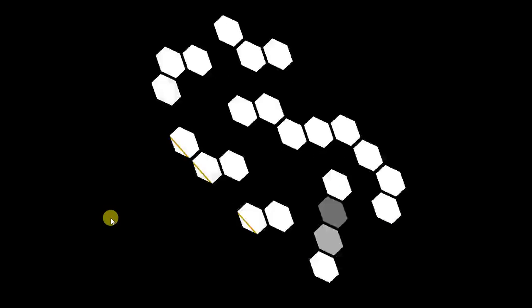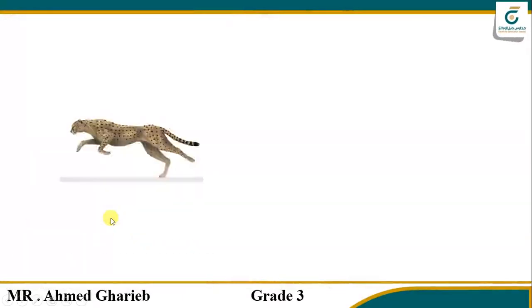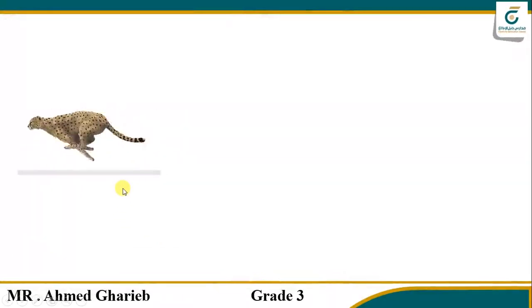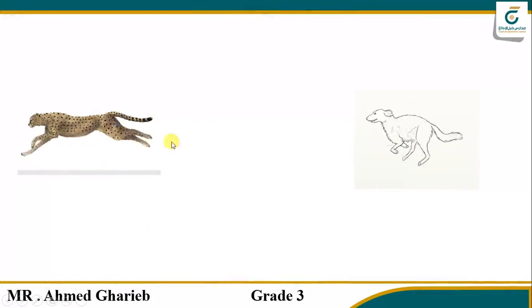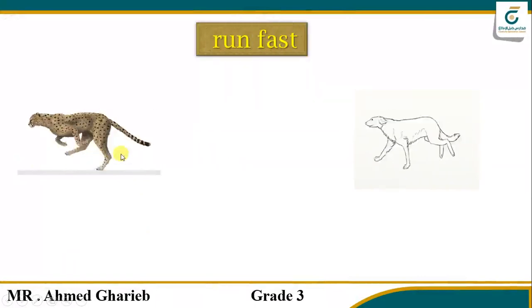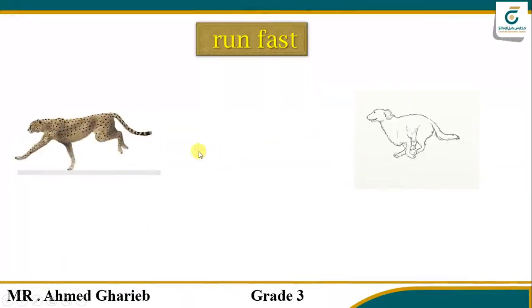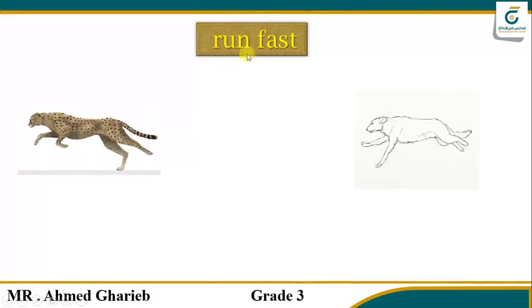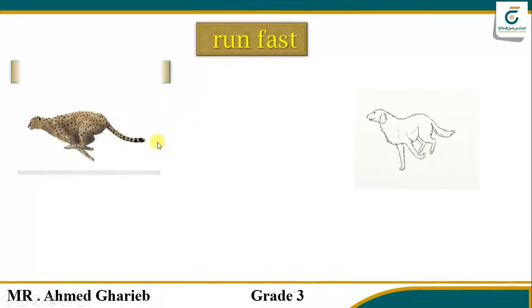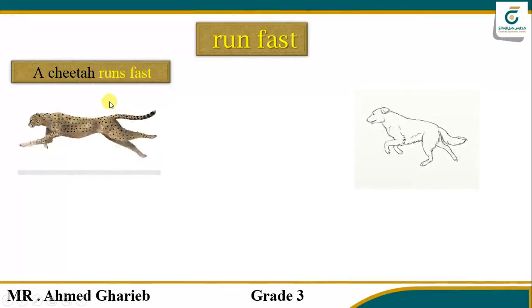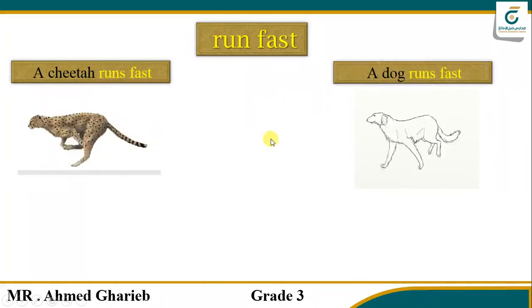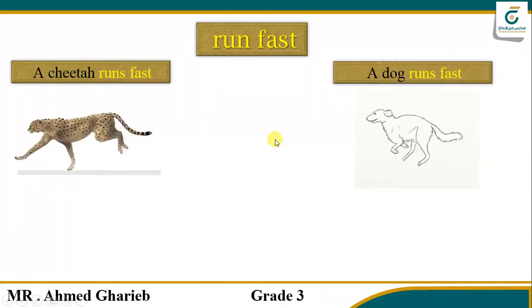Let's have an example. Cheetah, dog. Both of them do the same action, running fast. So we can say a cheetah runs fast, a dog runs fast.